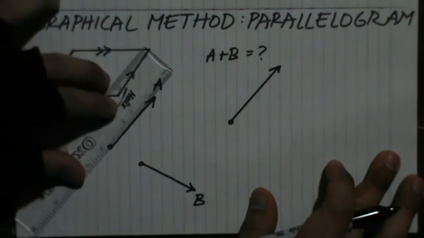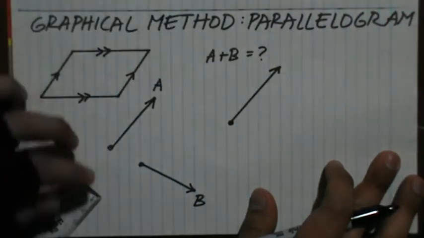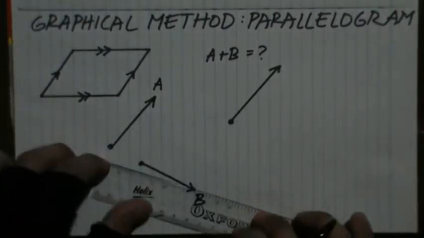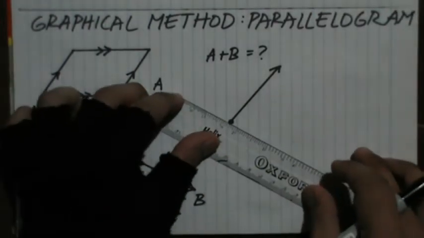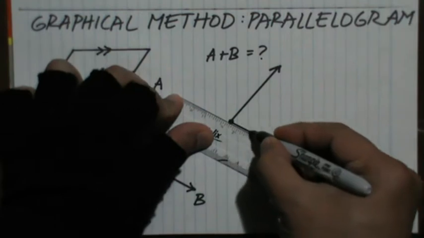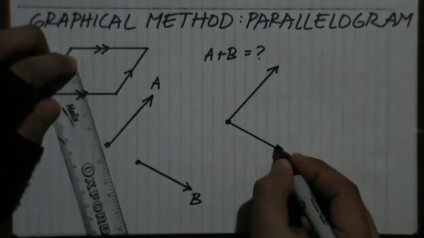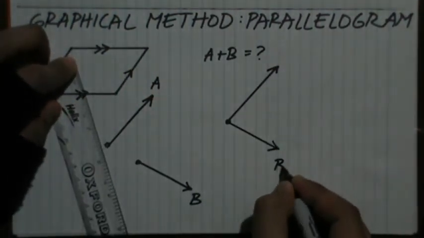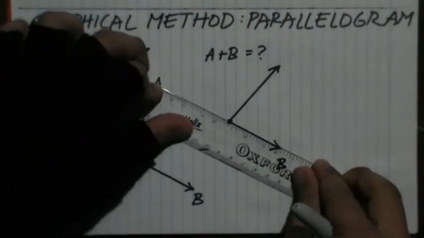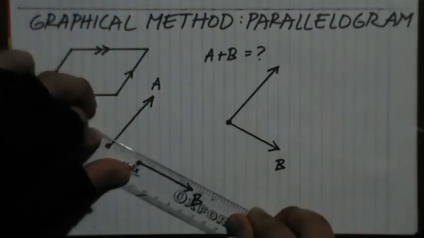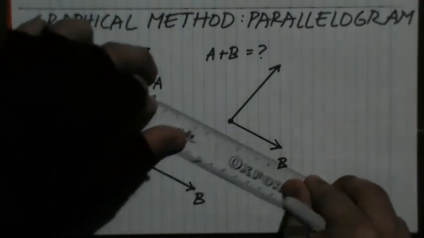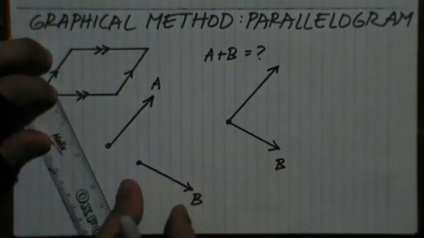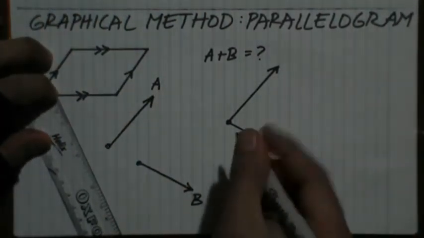So you can move a vector, but it must be parallel and the magnitude should be the same. So now I'll put the vector B here. Again, this one should be parallel with the original one, and also the magnitude should be the same.